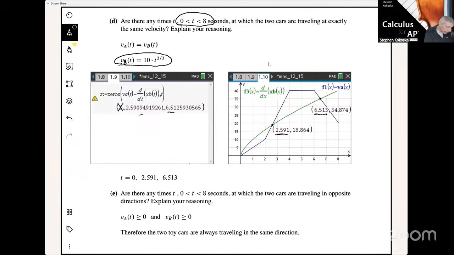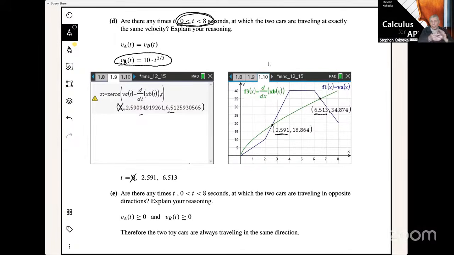So I'll cross out the t equals 0, again, because that's not in the interval that was asked for, and we're looking good. Down at the bottom here, are there any times in that interval in which the two cars are traveling in opposite direction? Well, we've got this answer in a pretty straightforward way.